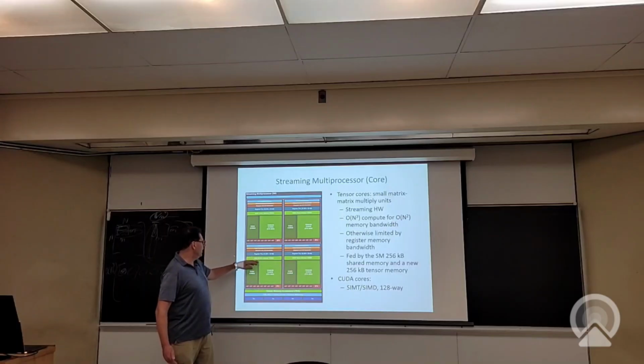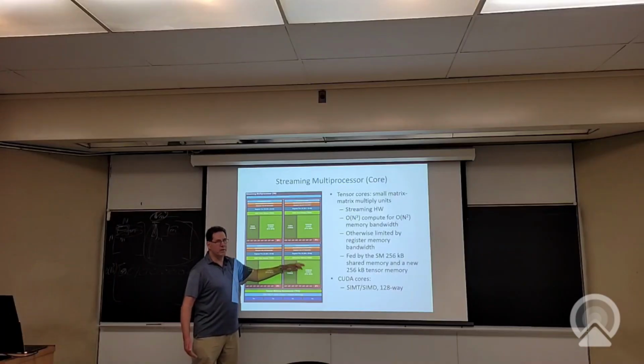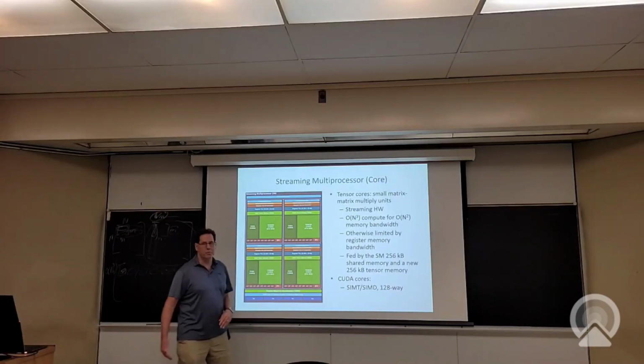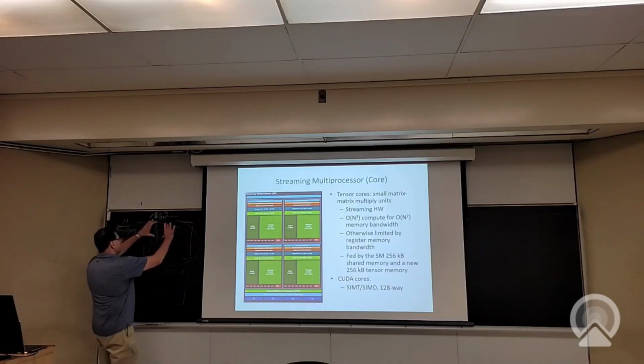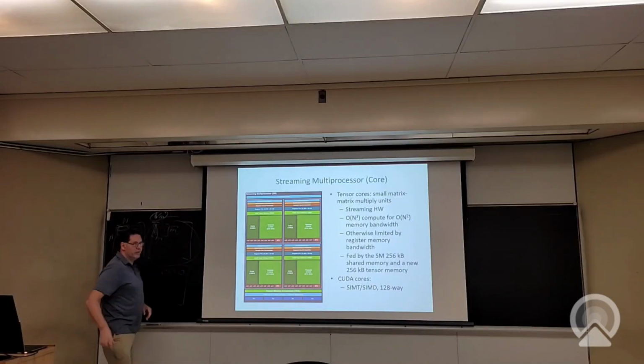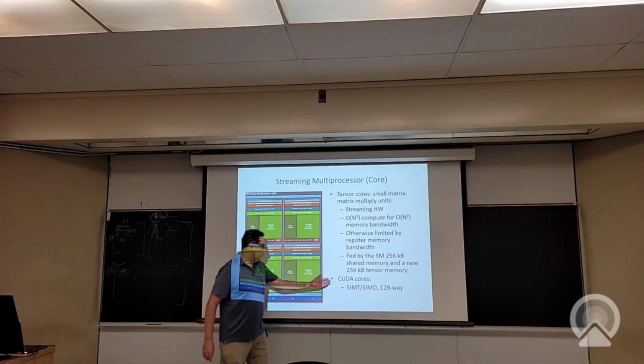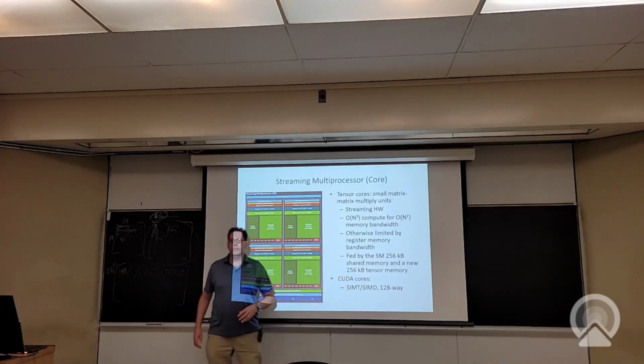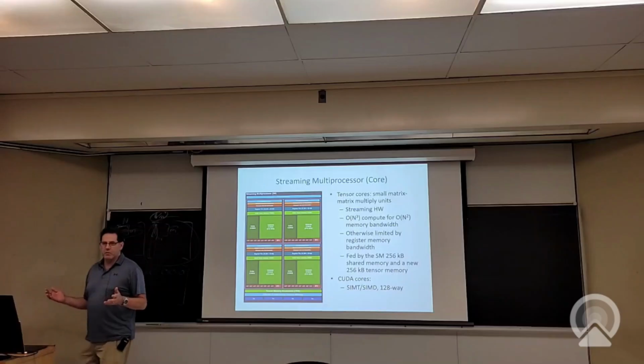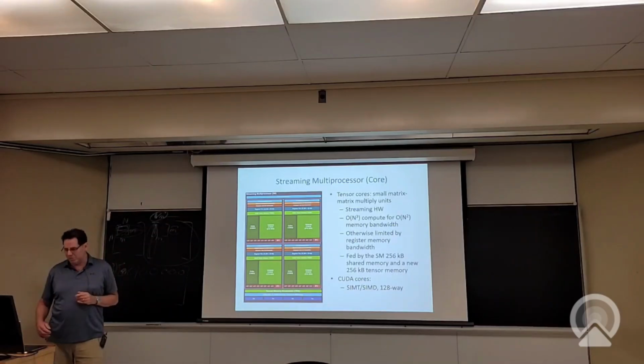The other one comes from this 64 kilobytes of tensor memory. And that's where the partial results go back to, because we do a block of this, and we need to keep our partial results and keep adding to them to do the whole matrix. The CUDA cores are not that different. So still SIMT, still 128-way parallelism within a streaming multiprocessor.